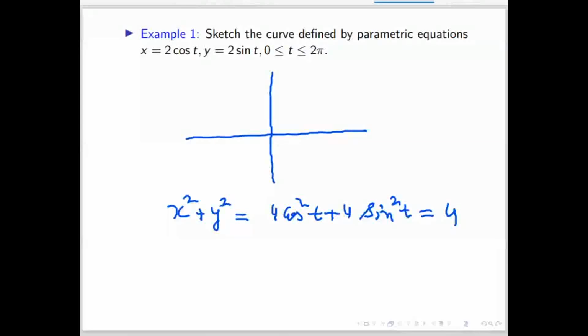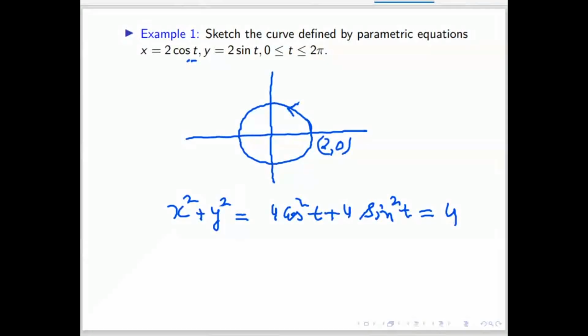At t equal to 0, the particle location will be 2 comma 0, the x value will come 2 and y value will come 0. At t equal to 2 pi also, this is the location, and the particle will move in the anti-clockwise direction. So this is the curve or path or graph traced by this particle.